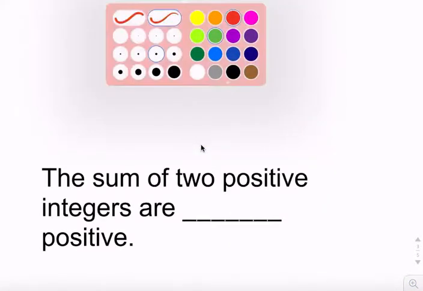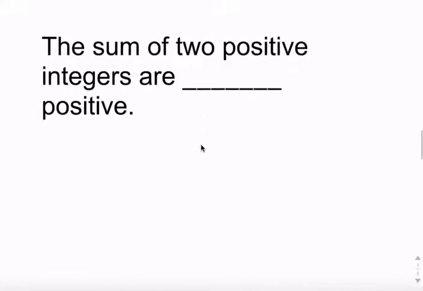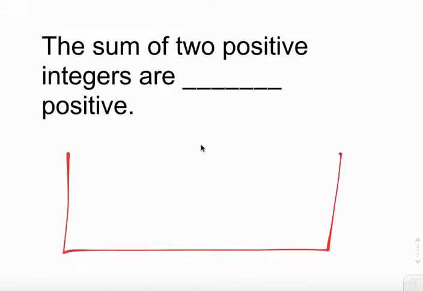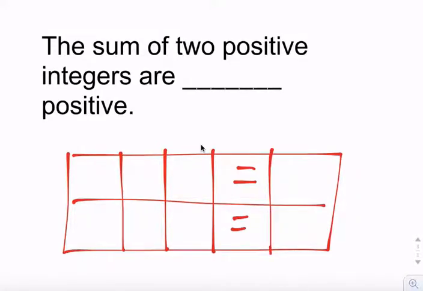What about this statement? The sum of two positive integers is blank positive. Well, I'm going to still create that table of values. Number, sign, number, equal, and then the solution.